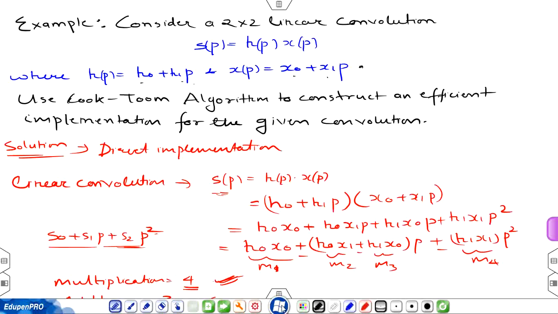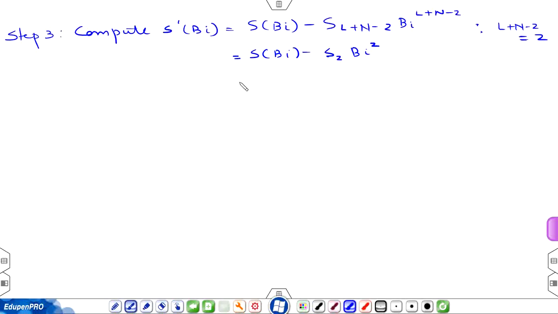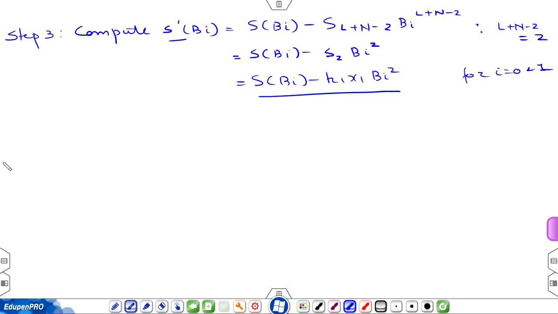So that we have to substitute in this equation. So that is equal to S of beta i minus h1 x1 beta i square. Okay, so we have to compute S prime beta i, that is given by S of beta i minus h1 x1 beta i square for i equal to 0 and 1.